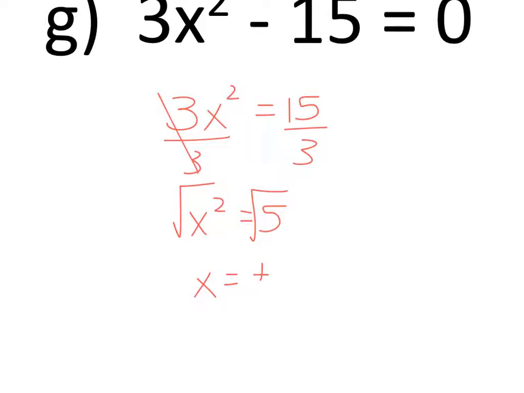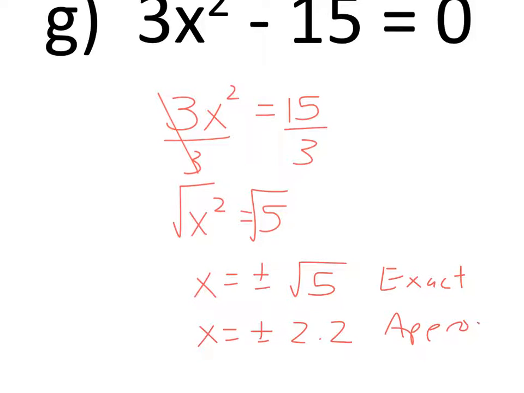Let's backtrack for a second. Plus or minus square root of 5. Sorry, guys. Now plug that in your calculator, and you're going to get plus or minus, it looks like it's going to be 2.2 when I round to my nearest tenth. So again, this will be exact, and this will be your approximate solution.